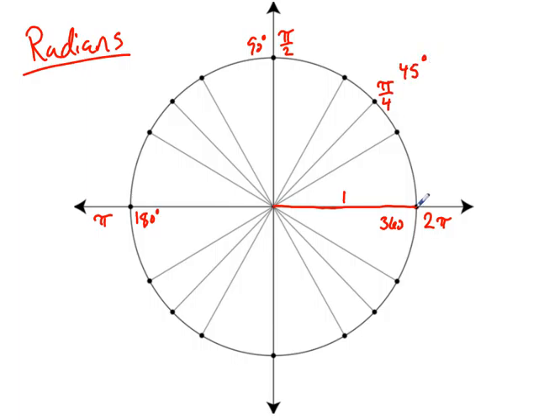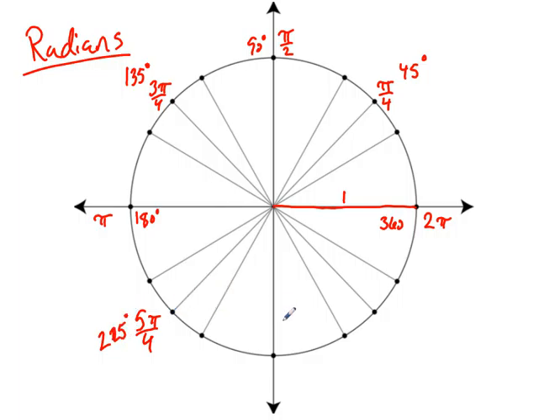Starting counting by fourths, I can come up with a lot of new ones. 1/4, 2/4, I have it, 3/4, 3 pi over 4 for 135. 4/4, I have it, 5/4, 5 pi over 4 for 225.